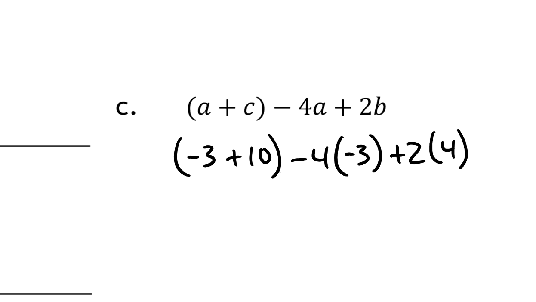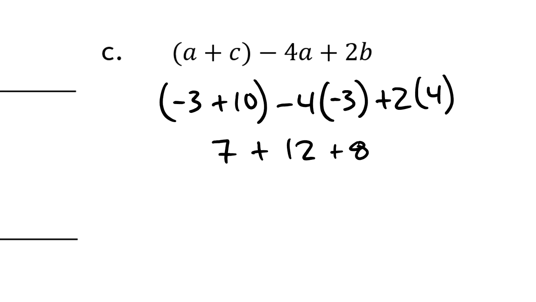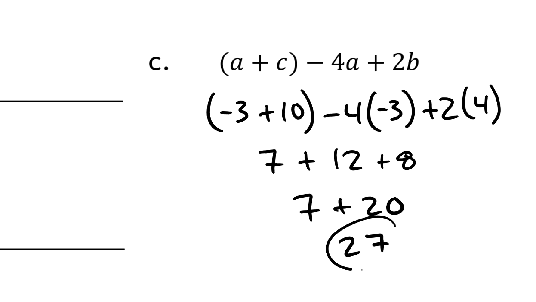So negative 3 and 10 is a positive 7, and then when I multiply negative 4 times negative 3, this is plus 12, and then finally 2 times 4 is the number 8. These are nice numbers to add, right? 12 and 8 is 20. So I've got 7 plus 20, which looks like 27. So part C has an answer of 27.